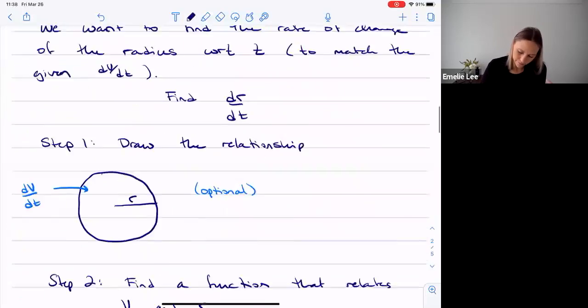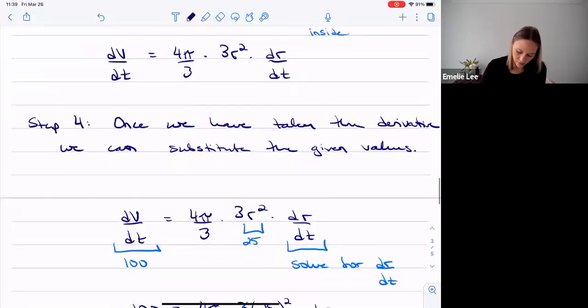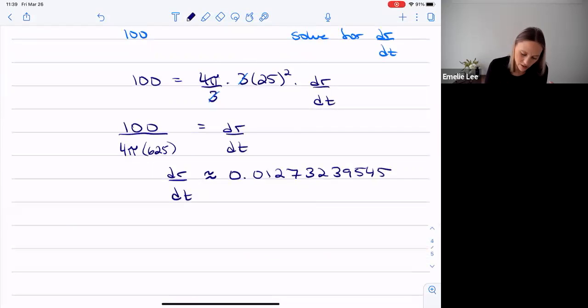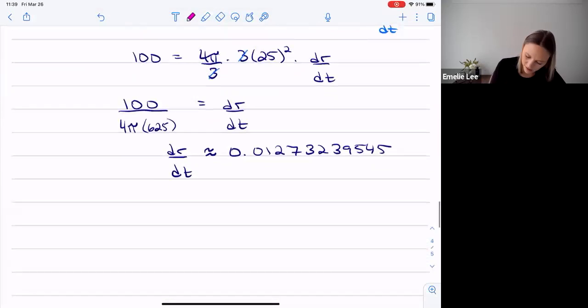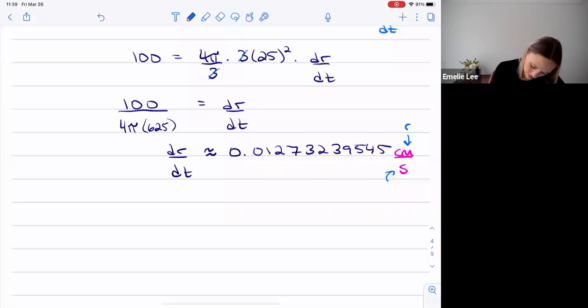So our units for this rate of change is going to be centimeters per second. This is the units for r, and this is the units for t. So that's how we're able to quickly get the units for the rate of change.